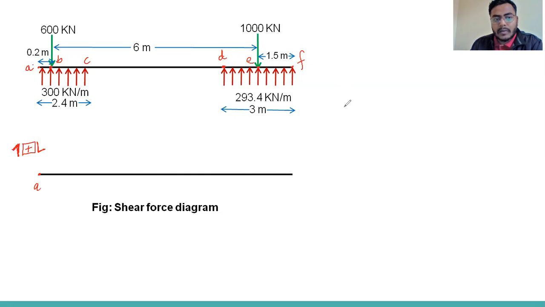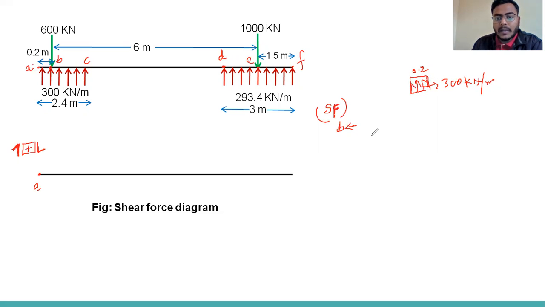So now we can calculate the shear force at point B, just left side of this load. We will get the pressure for this value 0.2. This intensity is 300 kilonewton per meter.